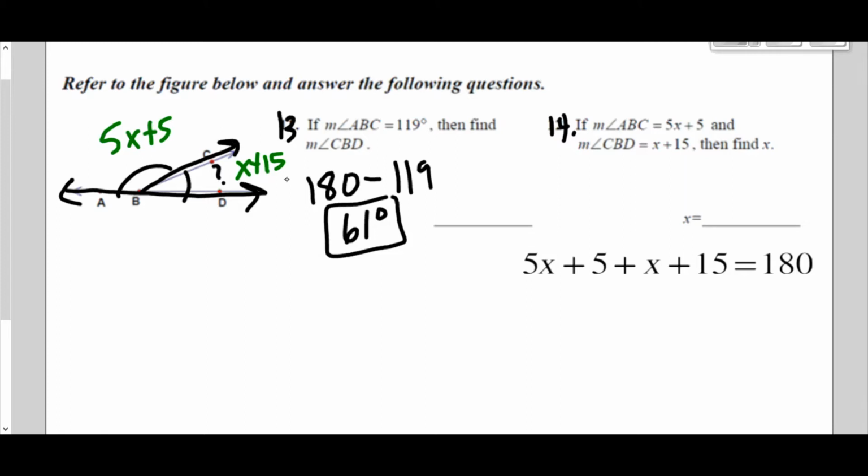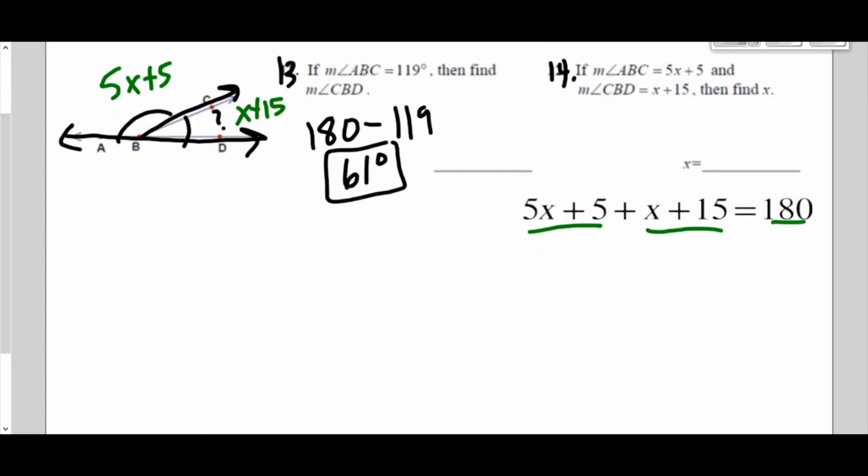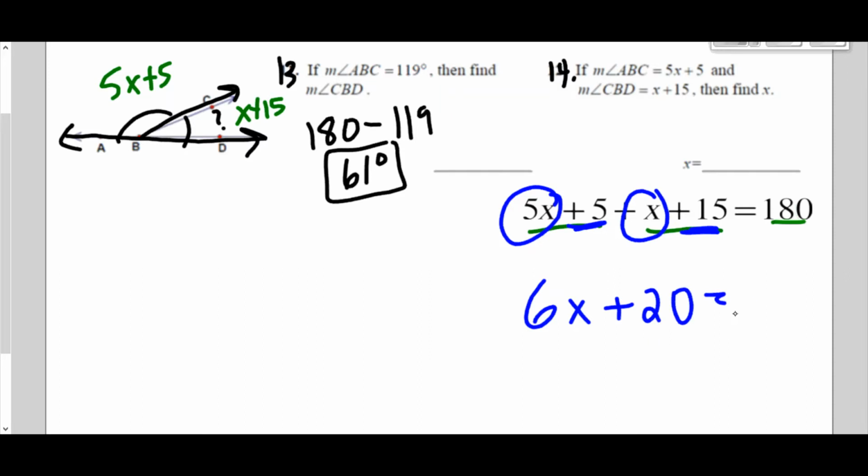So I would have 5x plus 5 plus x plus 15 equals 180. So I'm going to combine like terms. 5x plus x is 6x. And then 5 plus 15 is 20. So this would be 6x plus 20 equals 180.